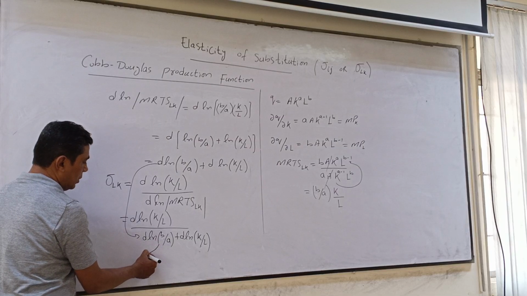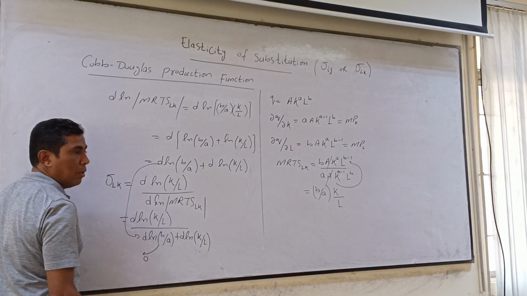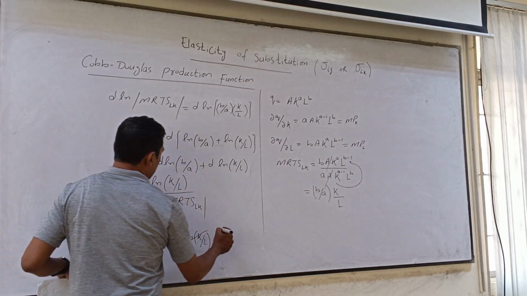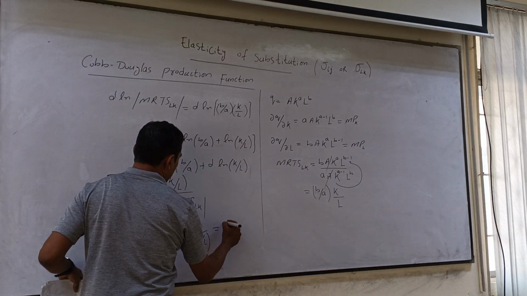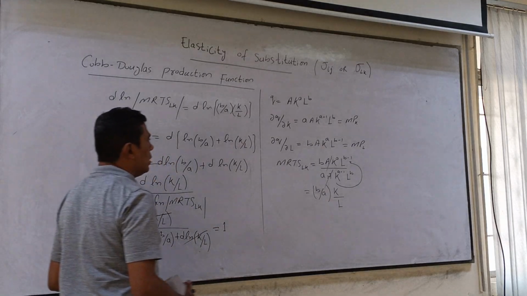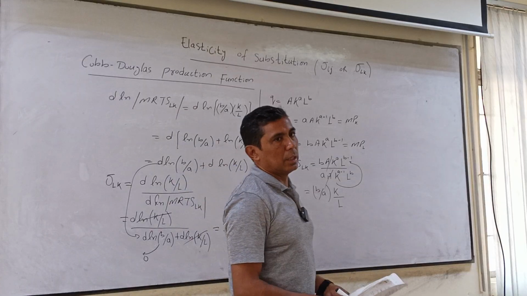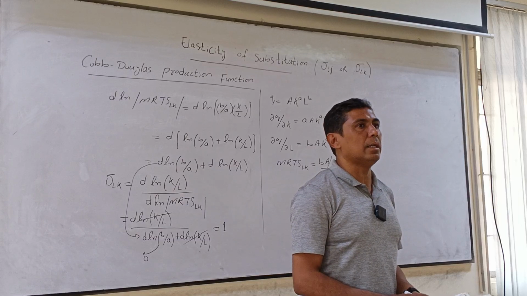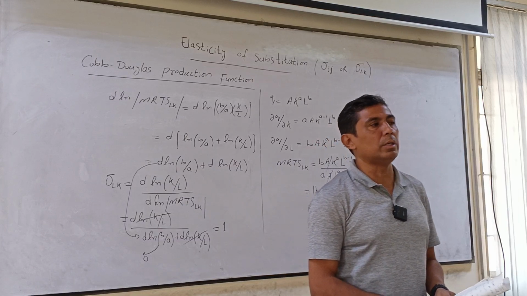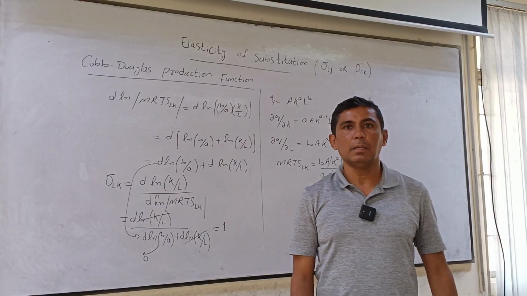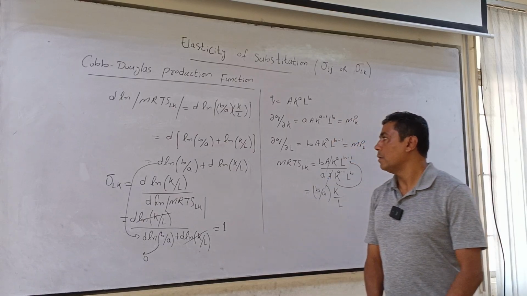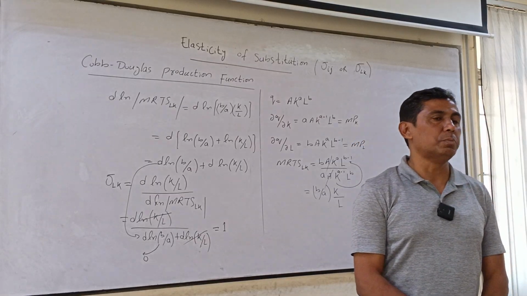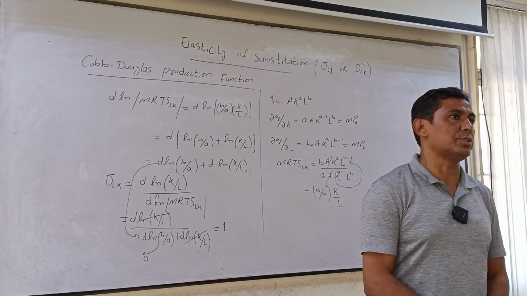So this value will be 0, and when this value is 0, you can cancel it out. So the elasticity of substitution will be 1 in the case of Cobb-Douglas preferences when a and b are equal to each other. Clear? When a and b are equal, you will have a smooth convex curvature.